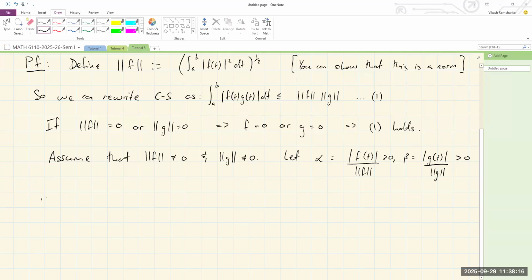And I'm also going to recall the result that says that for any alpha and beta real numbers, the modulus of alpha beta is less than or equal to alpha squared plus beta squared over 2.